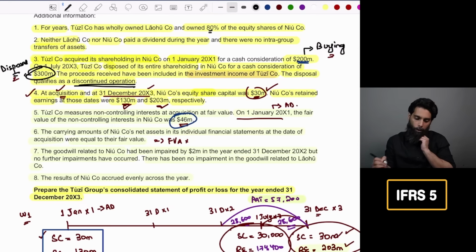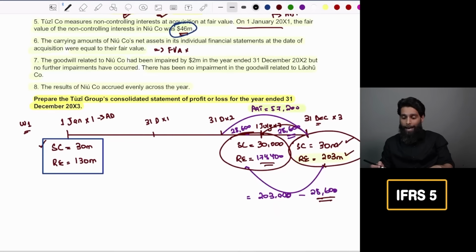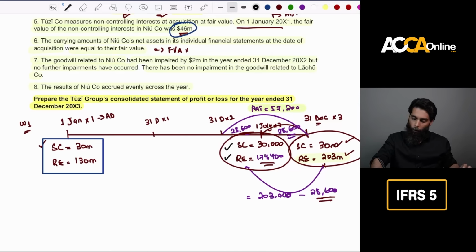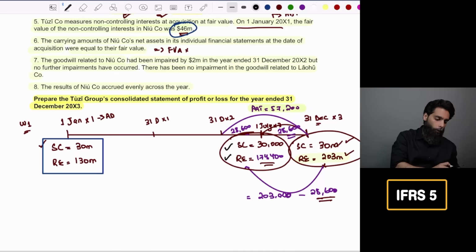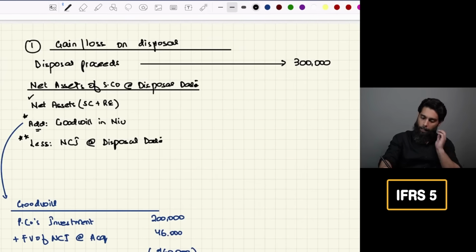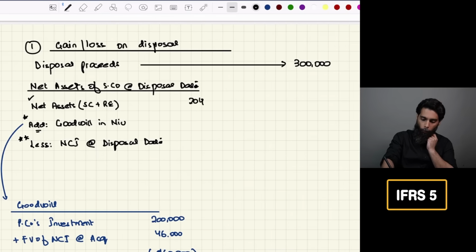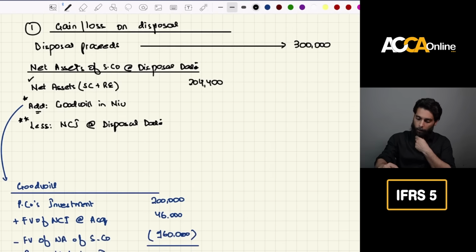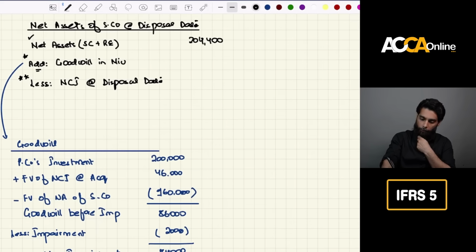Then you take net assets of S company at the disposal date, and I figured out that these net assets were 174,400 plus 30,000. Let me add these up. This is going to be a total of 204,400. Adding up goodwill, I have a goodwill of 84,000 now.